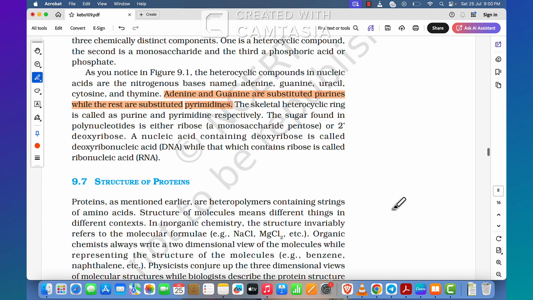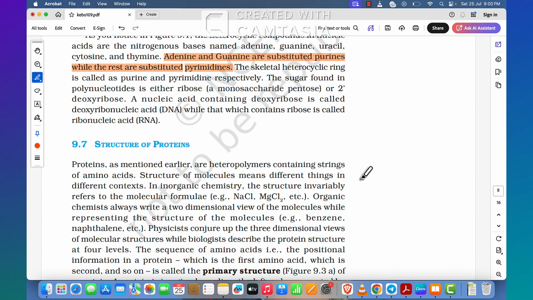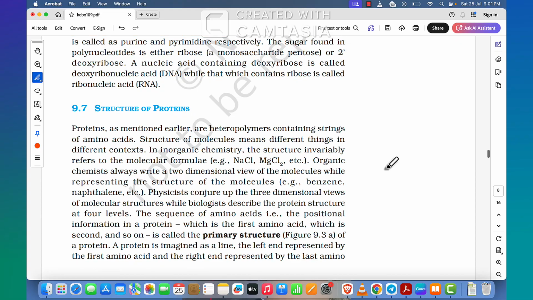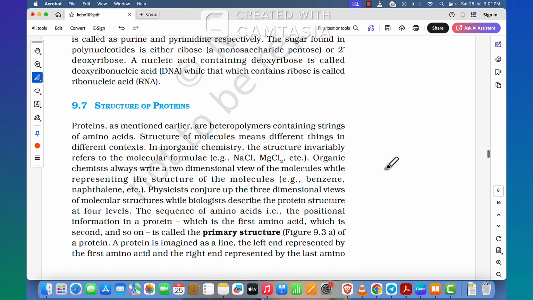The skeletal heterocyclic rings are called purine and pyrimidine respectively. The sugar found in polynucleotides is either ribose, a monosaccharide pentose, or 2-deoxyribose. A nucleic acid containing deoxyribose is called deoxyribonucleic acid, DNA, while that which contains ribose is called ribonucleic acid, RNA.